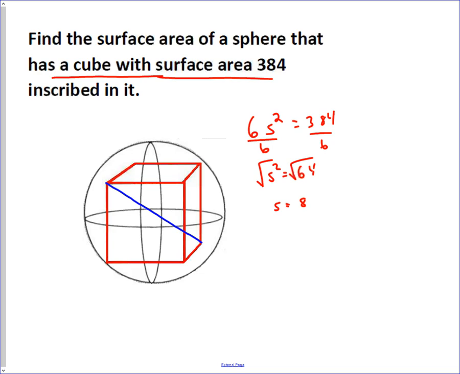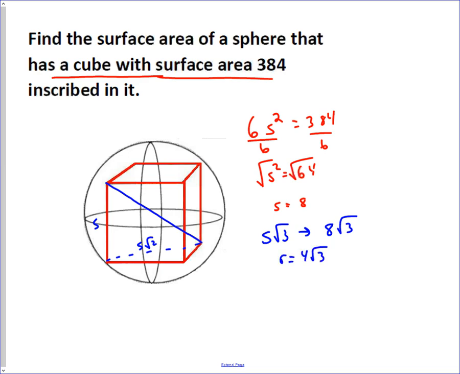And it turns out that in a cube, the space diagonal can be found by side times root 3. You can calculate it by putting in side root 2, and this is side, and using the Pythagorean theorem. But the space diagonal is side root 3, so our diameter of our sphere is 8 root 3, so our radius is half that, which is 4 root 3.